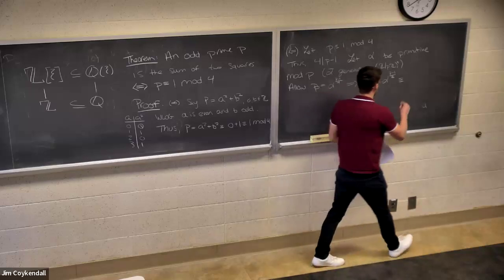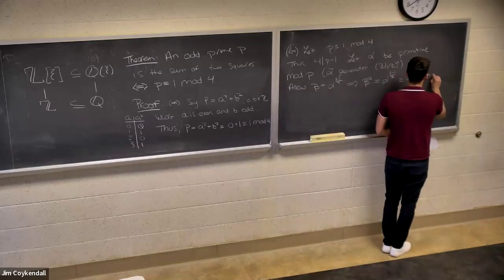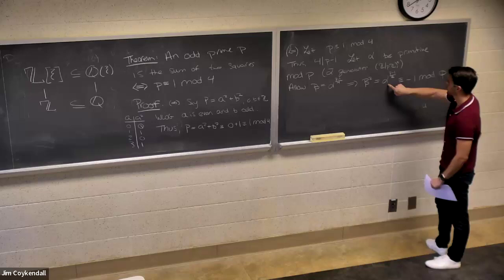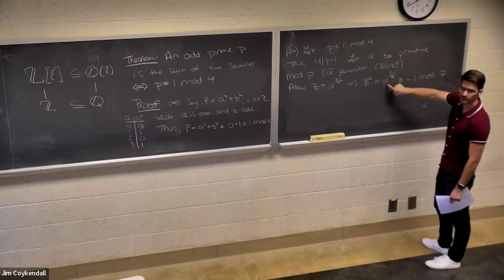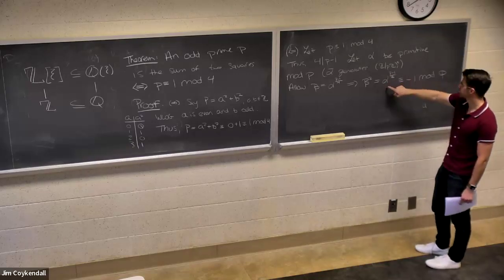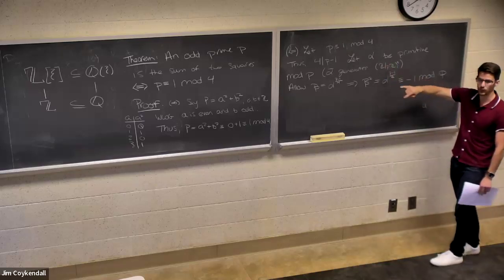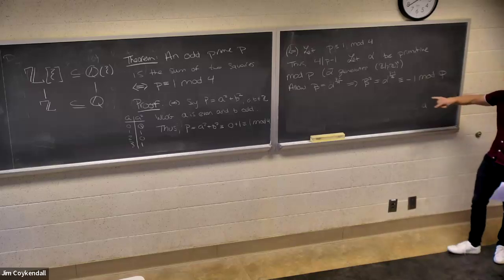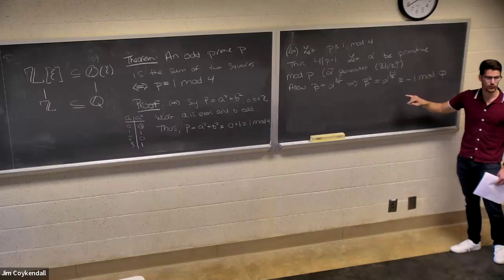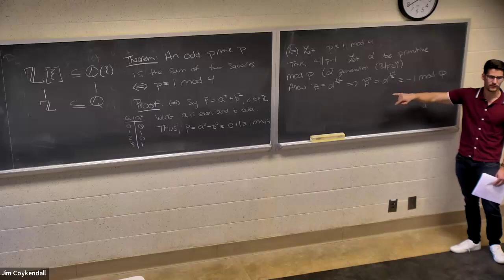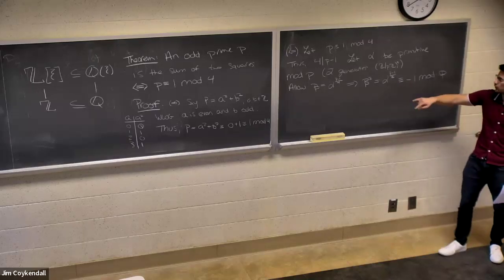Well, it's going to be congruent to minus 1 mod p, because it's not 1, and then it squares to 1, because I get alpha to the p minus 1, which is the identity of the multiplicative group. And minus 1 is the unique element of order 2. It's the only class that squares to 1.